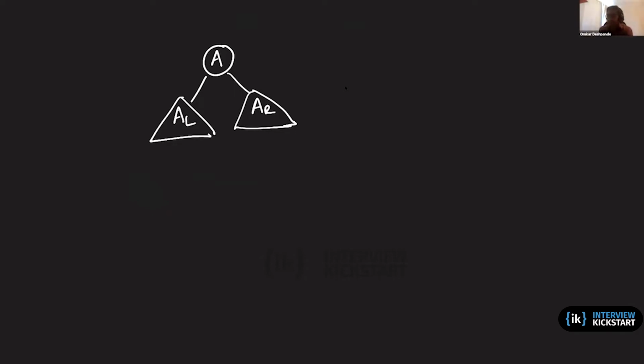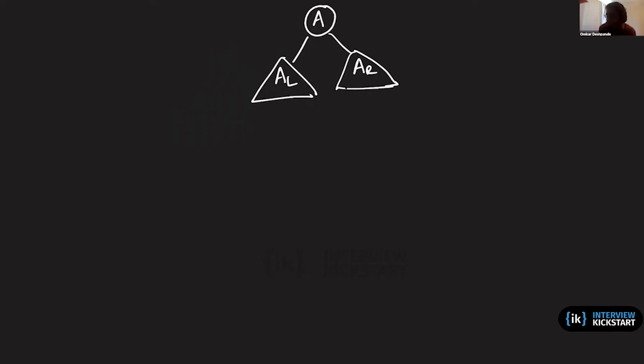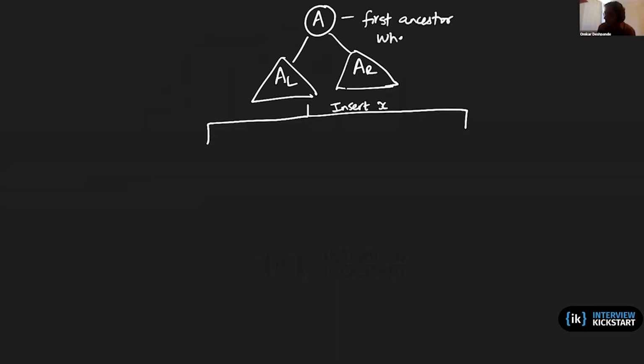When we inserted X, A is the first ancestor from the bottom where an imbalance happens.